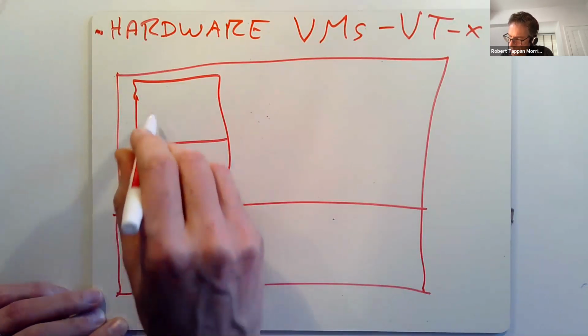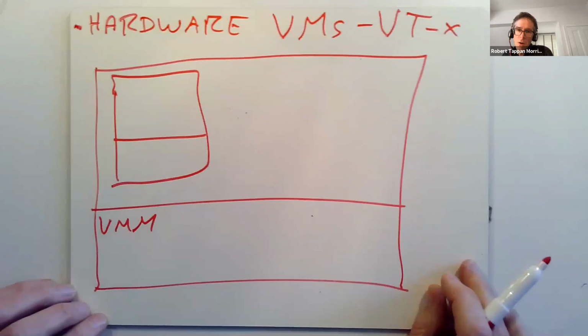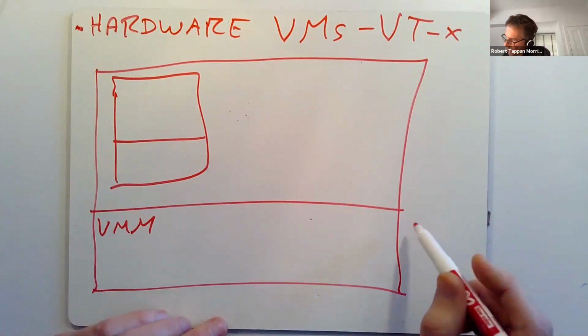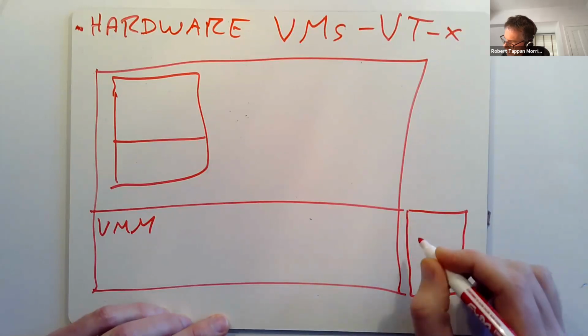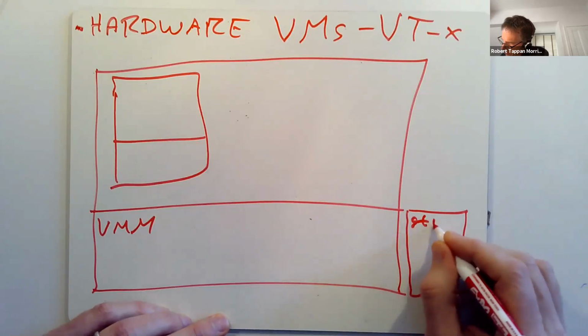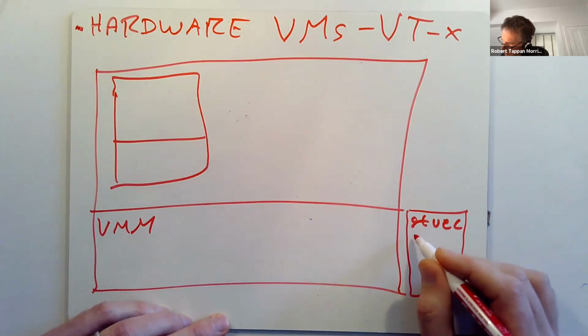The way that works is that, again, we have a virtual machine monitor, a guest operating system, and user level. And in the hardware we have STVEC and all those hardware registers.